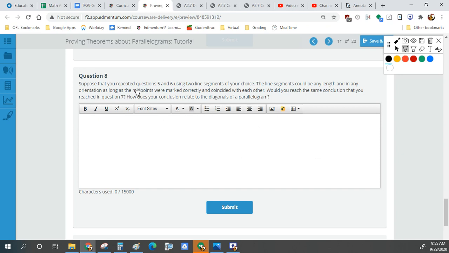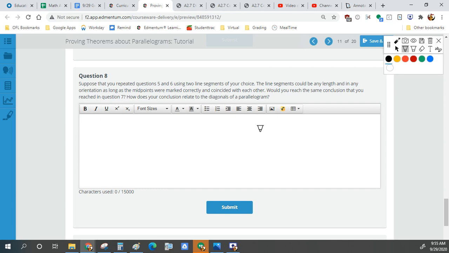How does the conclusion relate to diagonals of a parallelogram? Well, because of what we're doing here, these are the diagonals. This line segment that you originally had over here, these two are diagonals. So that's why we can say that.